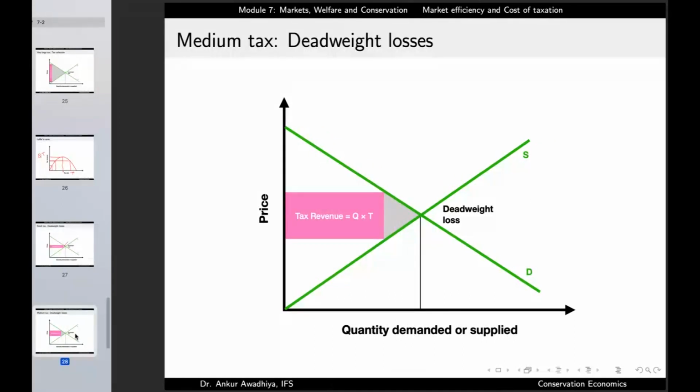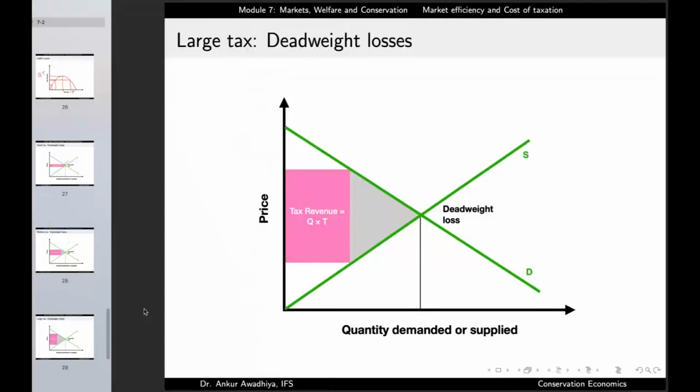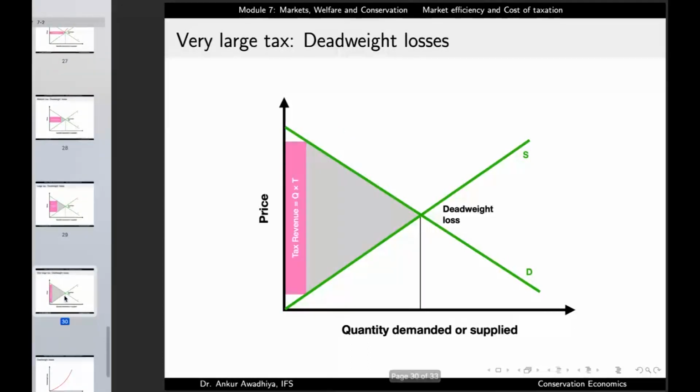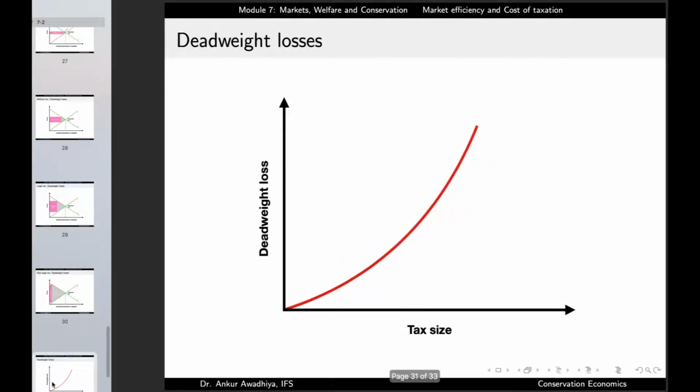When t increases, the area of the gray colored triangle increases. So the deadweight losses increase. When t increases even further, the deadweight losses increase even more. And for a very large amount of t, the deadweight loss is even more. So what is happening is that when t increases, the deadweight losses go on increasing.